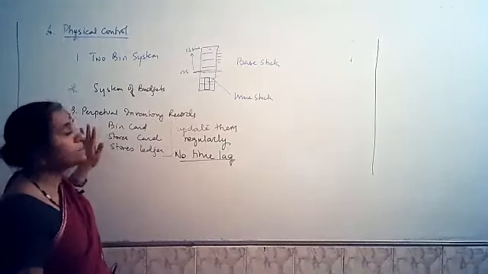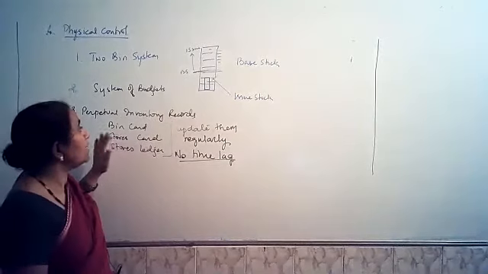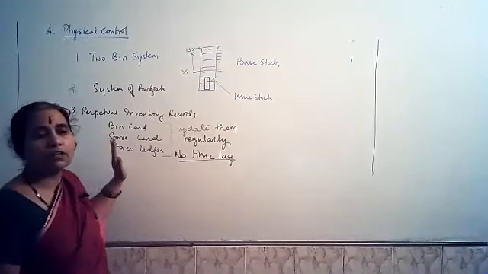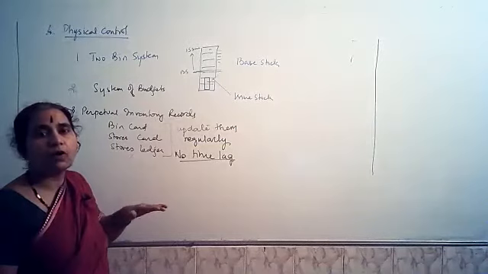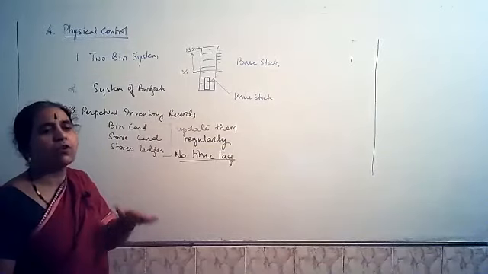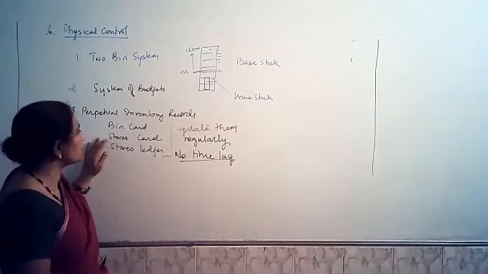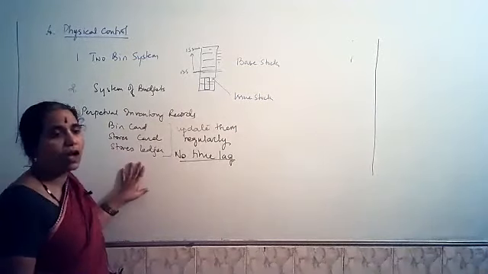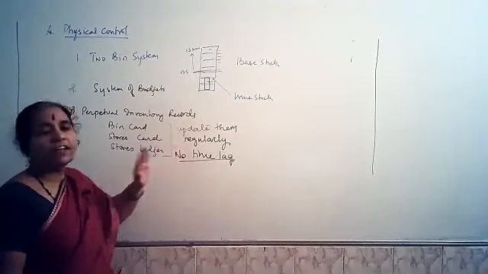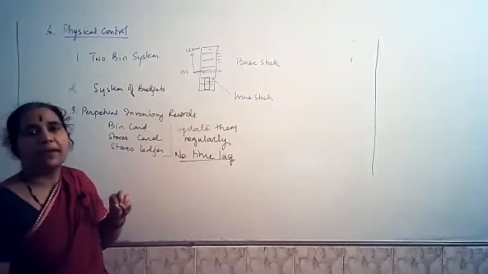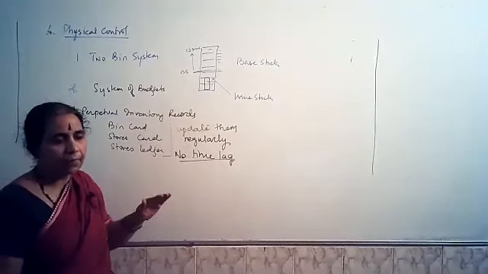The third part is perpetual inventory control records. Perpetual inventory records means you maintain the records on a day-to-day or transaction basis. Your bin card, stores card or stores ledger are all updated regularly, with no time lag at all.